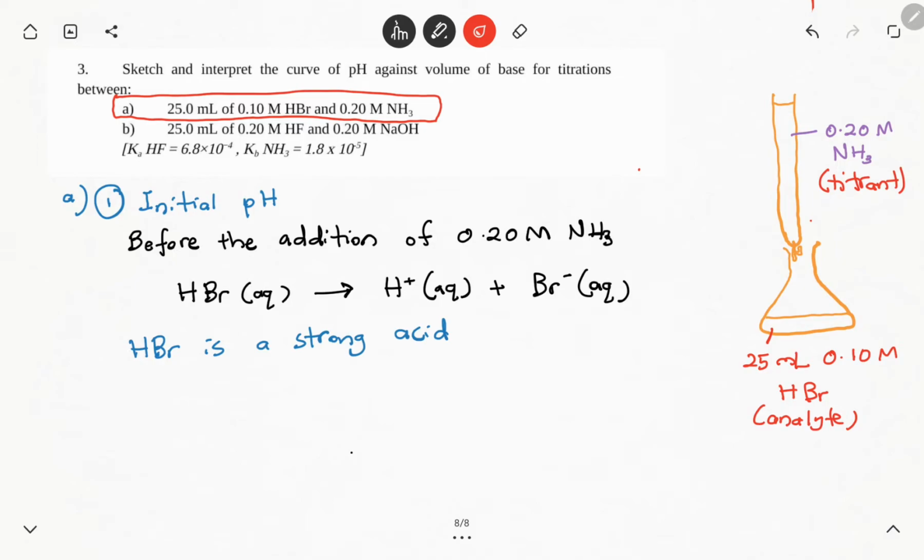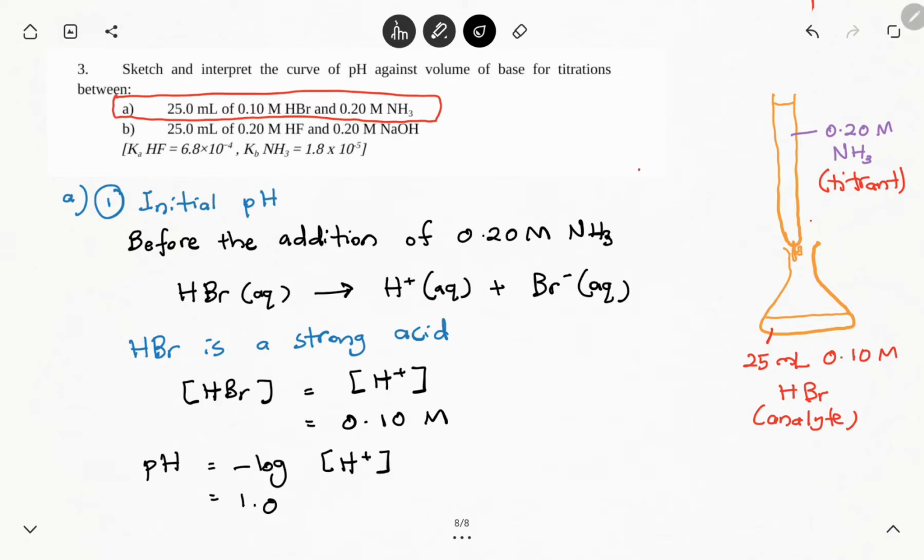So HBr is a strong acid, so it will completely dissociate. So the concentration of HBr is equal to the concentration of H+, which is 0.1 molar. So we just substitute the concentration of H+ in the formula of pH, and we get the pH equals 1.0.